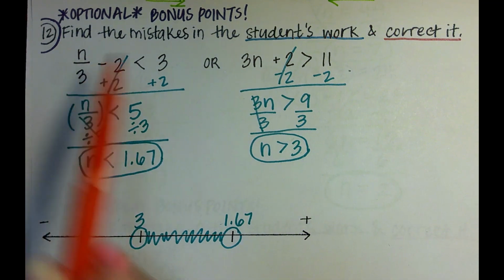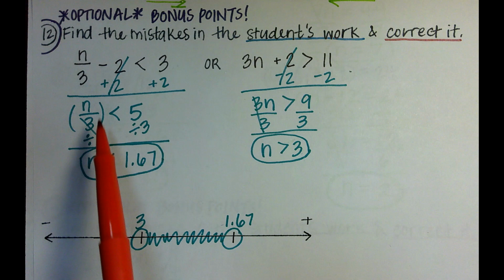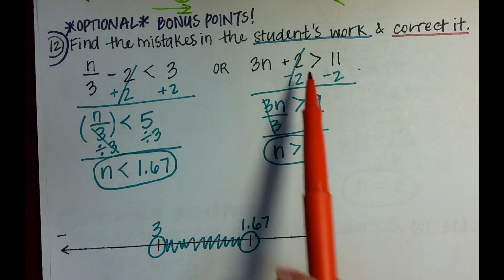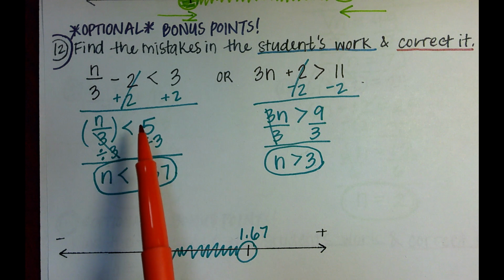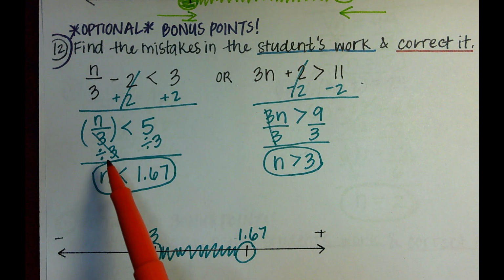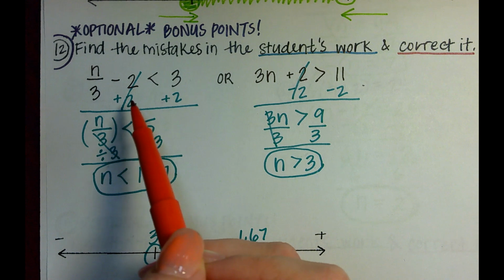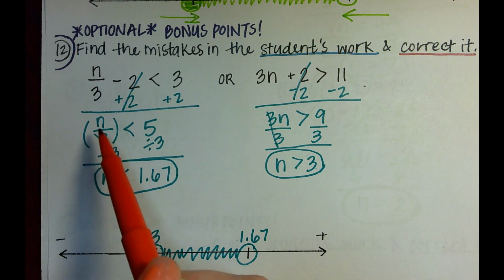So, this student solved, or so they tried to, a compound inequality. The first one is right, but they divided and you're supposed to multiply. Ah, you're right. They added 2 to both sides. That was correct. They brought everything down. N divided by 3.